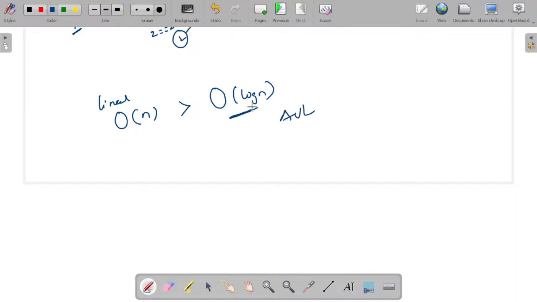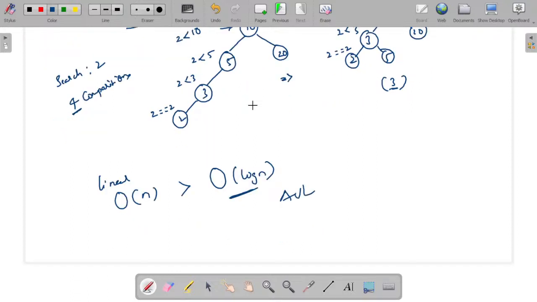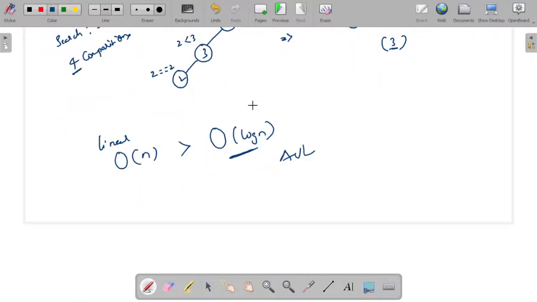Since the AVL tree reduces the time complexity of search operations, we go with AVL tree rather than binary search tree if your program's goal is to reduce the search time. So this is the benefit of AVL tree compared to binary search tree. I hope I have answered your question.